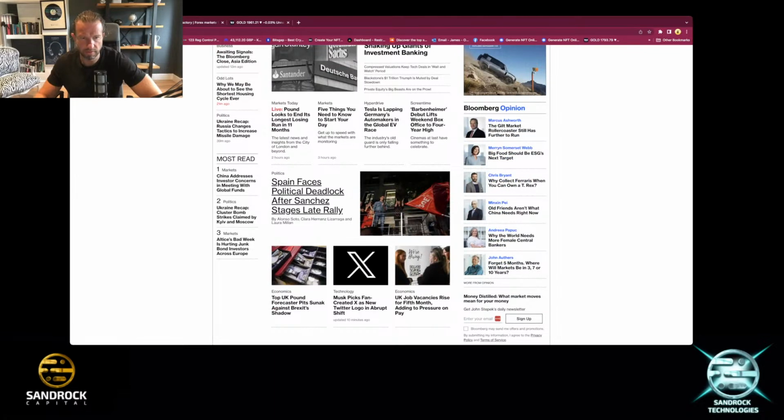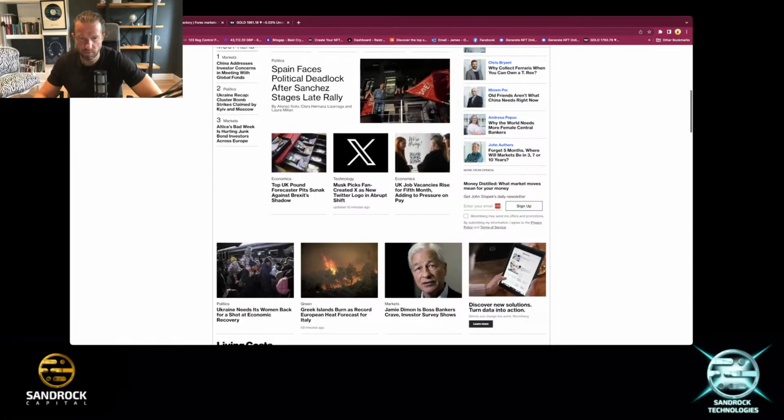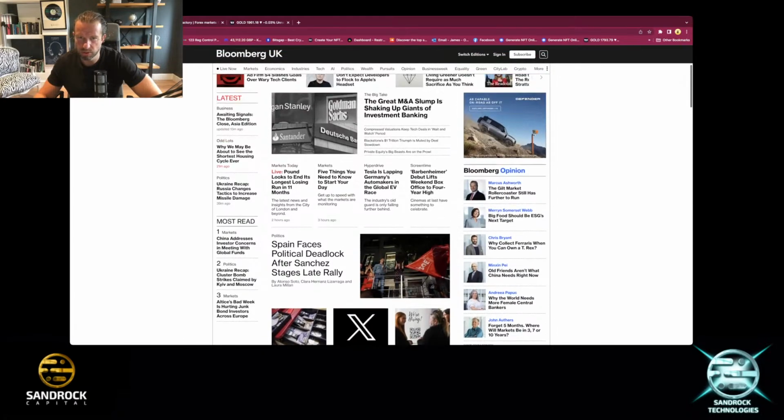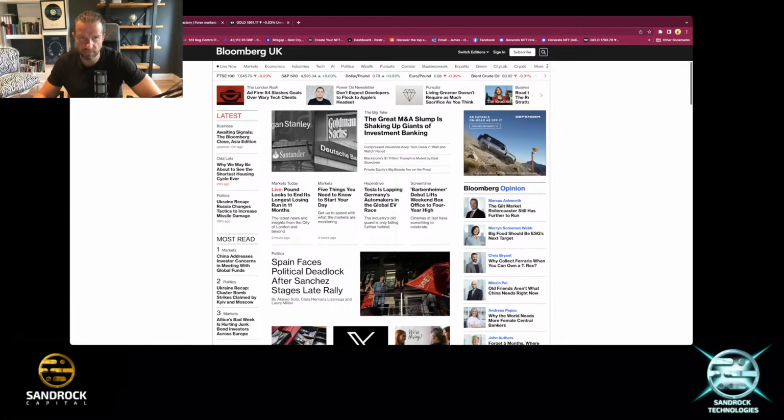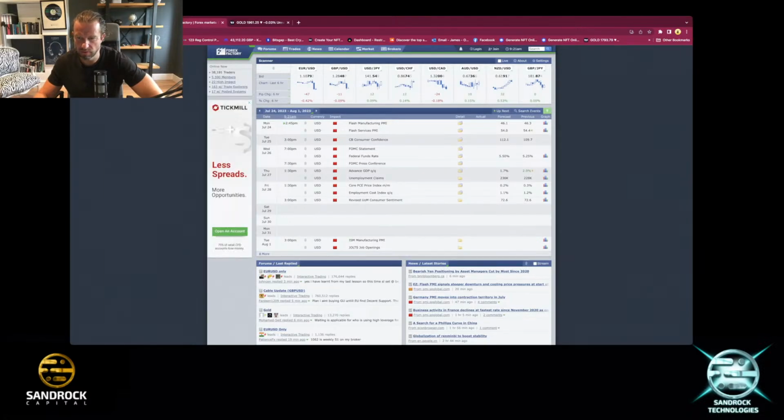Okay, so we've got Spain facing political deadlock. But what we're really interested in for our bot trading is the Fed decisions this week with interest rates. If we go across to Forex Factory here and look at the news ahead, we've got PMI data today at 2:45 UK time.